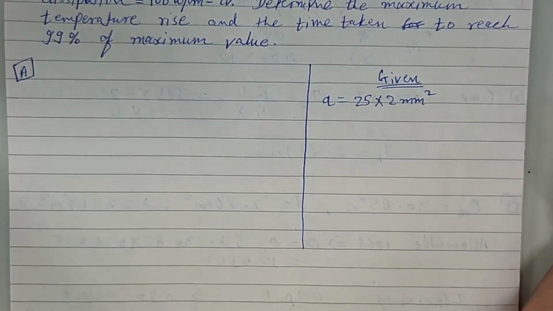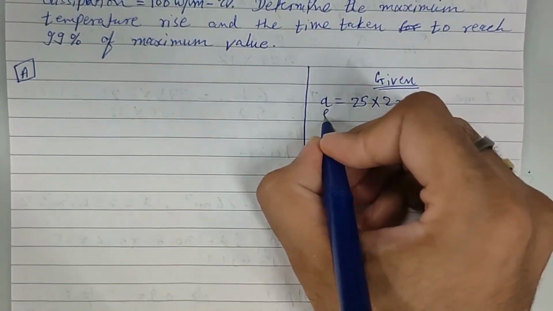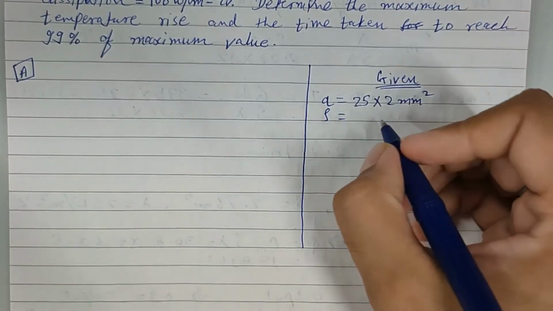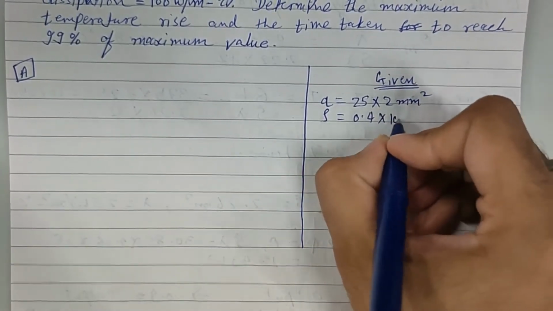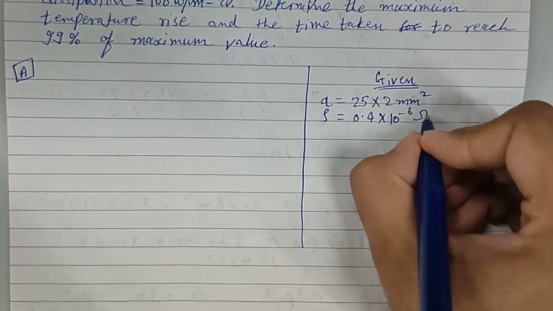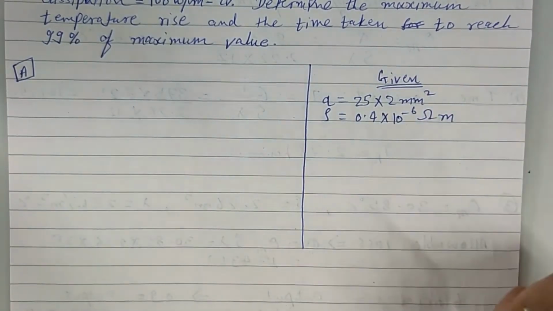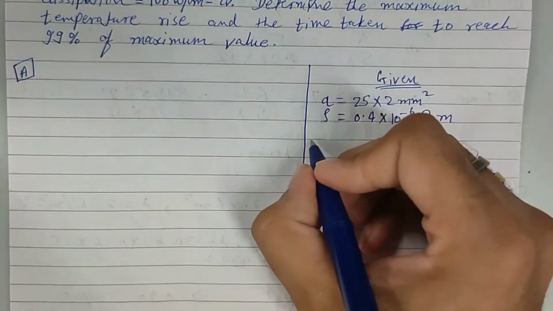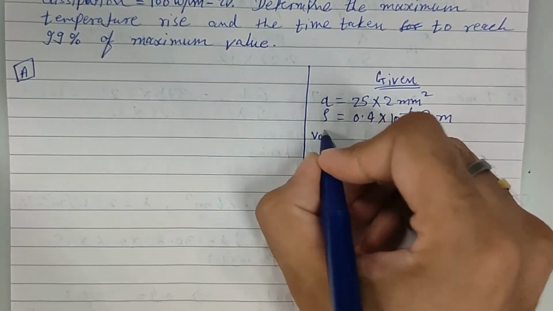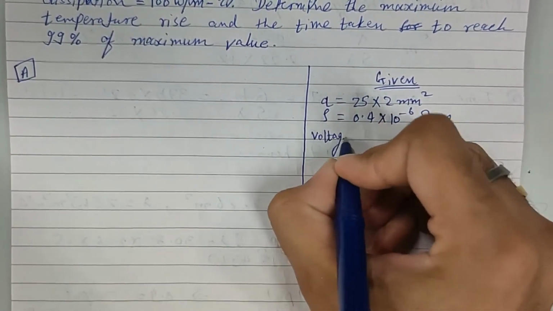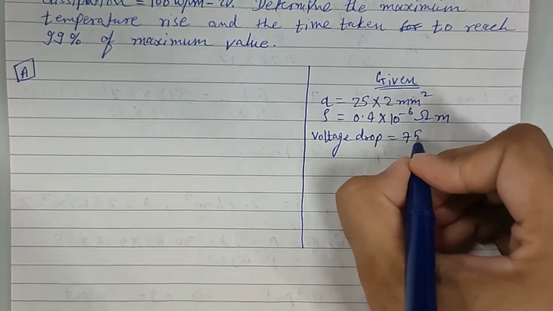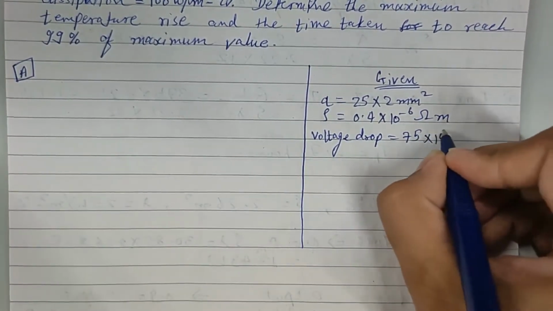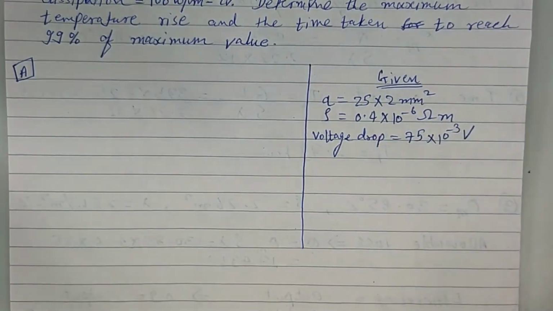The next is the resistivity, which is represented as rho. So resistivity is given as 0.4 into 10 raised to minus 6 ohm meters. The next given part is the voltage drop. So we take the voltage drop as 75 millivolts. So I can write it as 75 into 10 raised to minus 3 volts.